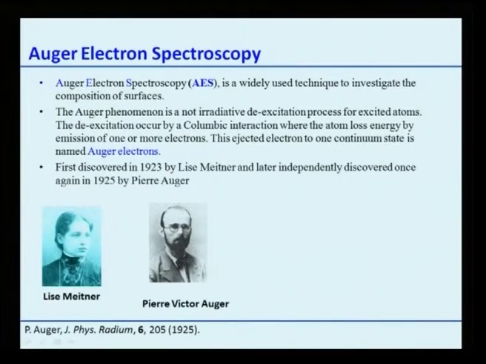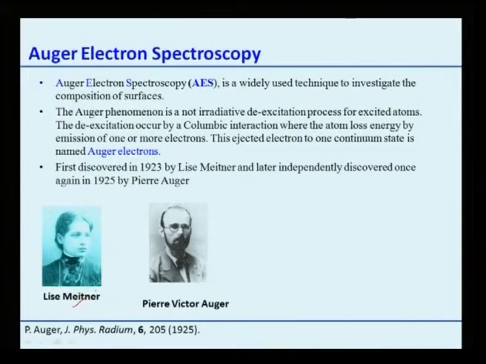But first, it was discovered in 1923 by a lady named Lise Meitner. Her picture is shown here. These are all taken from different books. After two years, in 1925, this was independently discovered by Pierre Auger, and after his name this spectroscopy is coined.